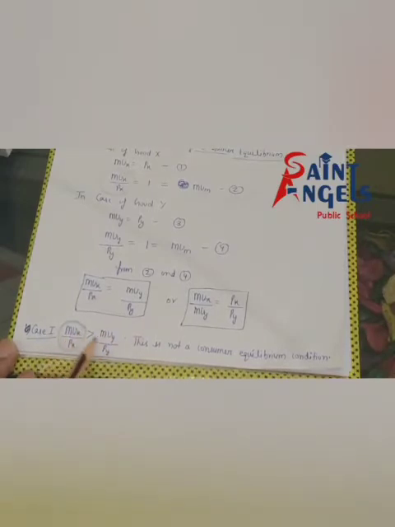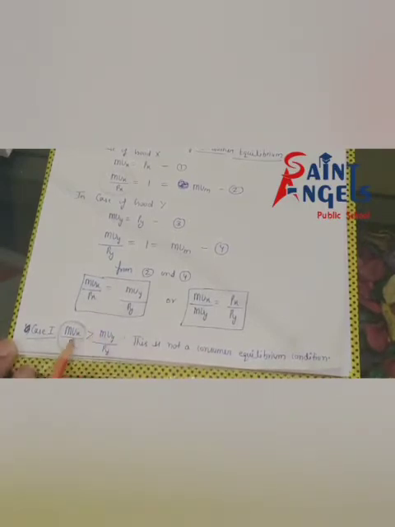According to this situation, I can say that marginal utility in terms of money in case of good x is greater than marginal utility in terms of money in case of good y. I hope it is clear.